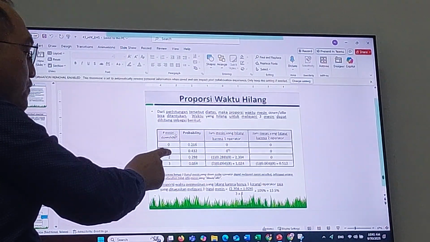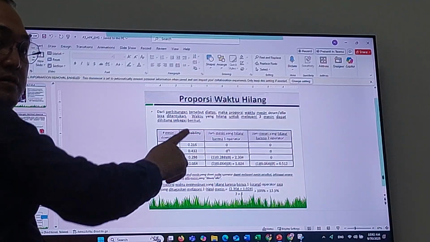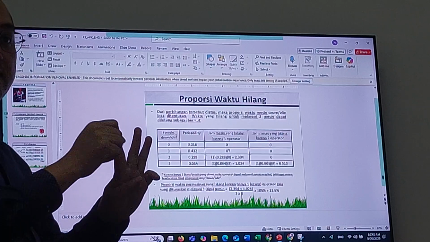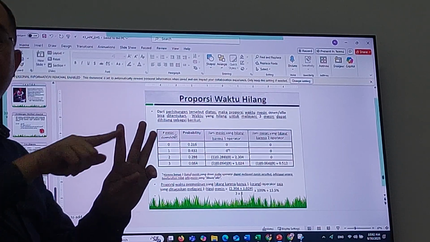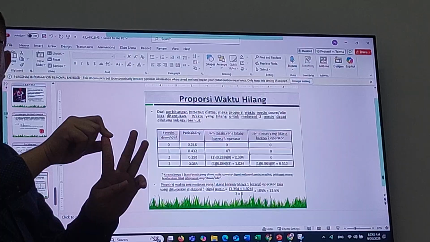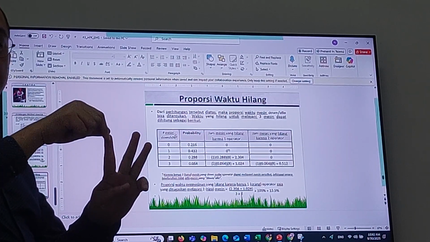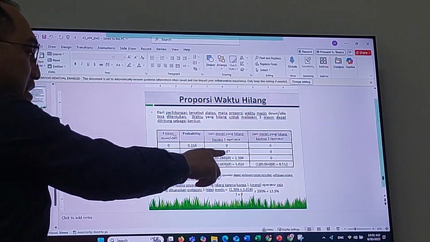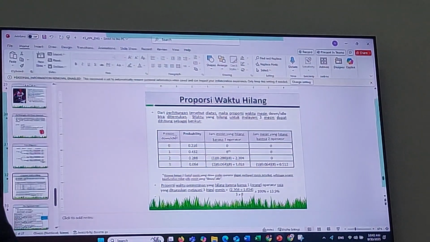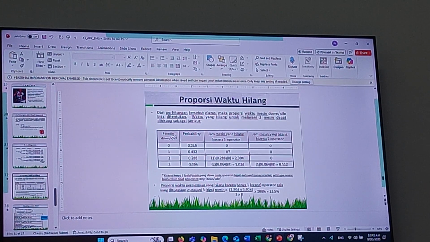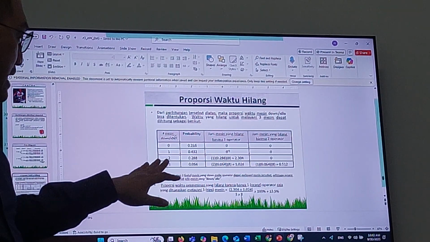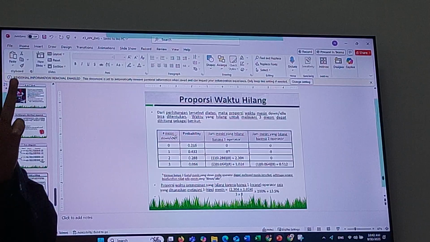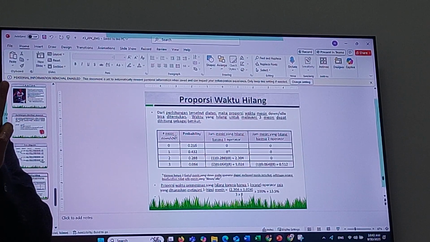And then for the second, if we have 3 machines and one operator, if one machine is idle or delayed, this operator can help to maintain the machine so it can run. It assumes that 3 machines are running, that's why the loss of machining time is 0. Next, if we have 3 machines and 2 machines idle with one operator, the operator helps the first machine or the second machine.